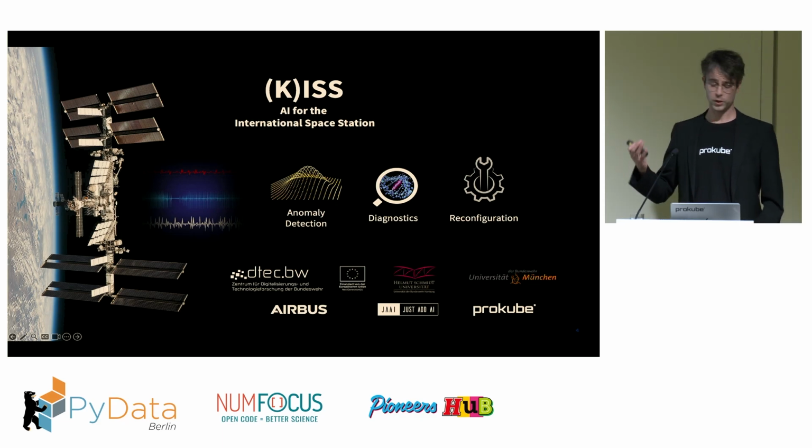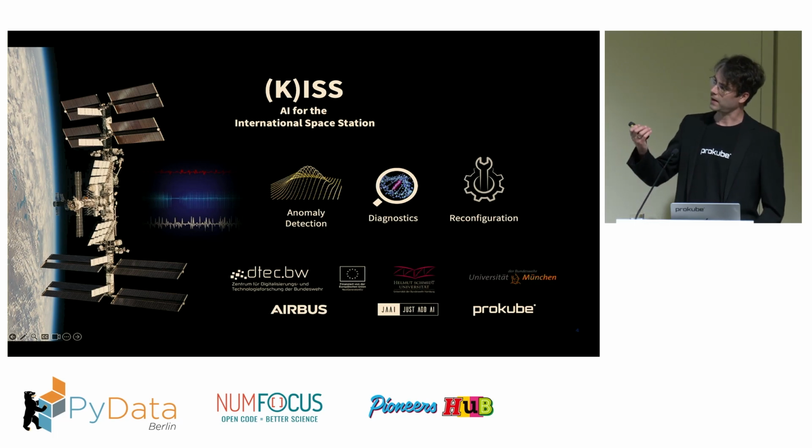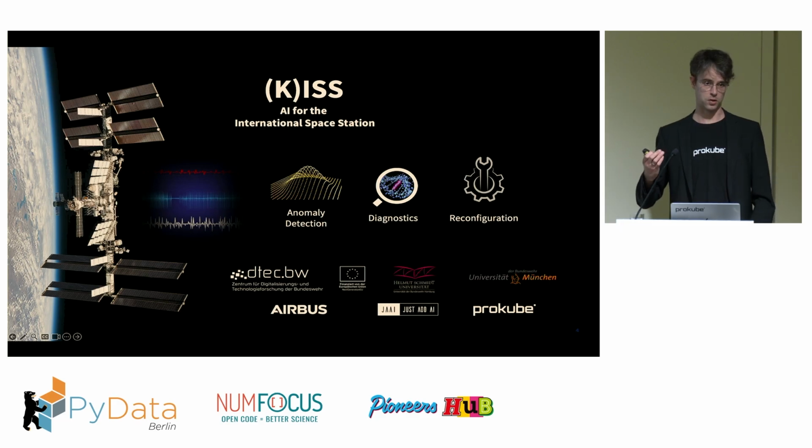But what's special about a space station? Well, space is a very hostile environment, and so you want to make sure that it really always works as intended, because otherwise people might die. The central part of that is the life support system.